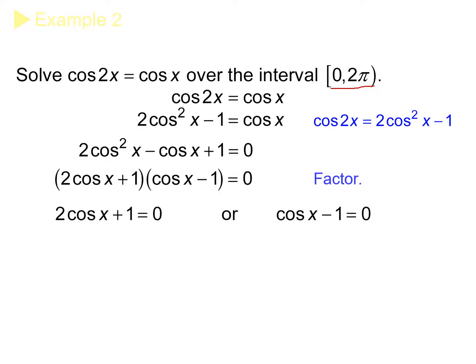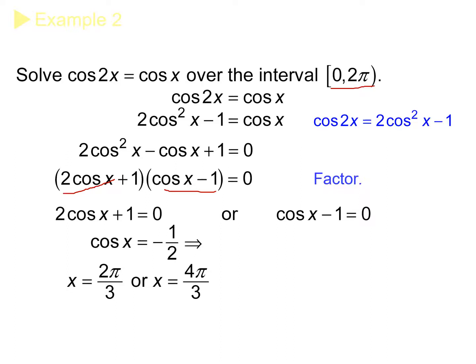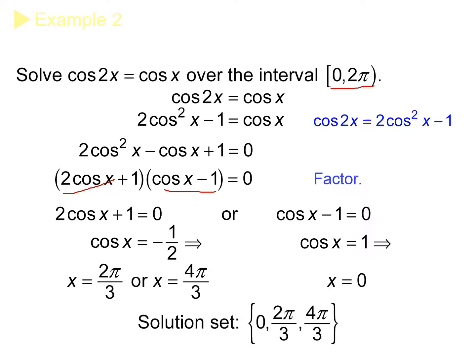So I can use the zero product property and say that 2 cosine of x plus 1 equals 0, or cosine x minus 1 is equal to 0. Now this first one tells me that cosine of x is minus 1/2, which means that x is 2 pi over 3 or 4 pi over 3. While cosine of x is equal to 1 at x equals 0. So my solution set has 3 points, 0, 2 pi over 3, and 4 pi over 3, and you can verify this graphically.